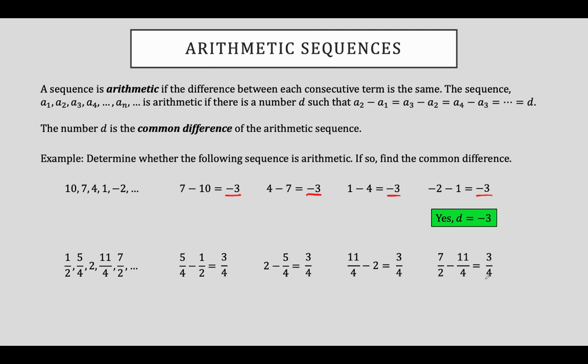And notice that whenever I take one term and subtract the previous term, it doesn't matter which ones I pick, we end up with 3/4. Therefore, yes, the sequence is arithmetic, and the common difference is 3 divided by 4.